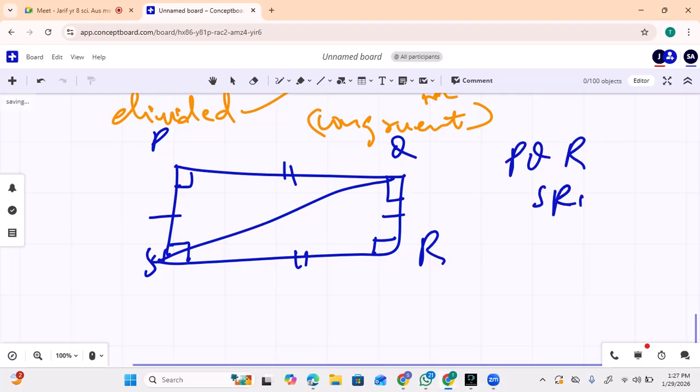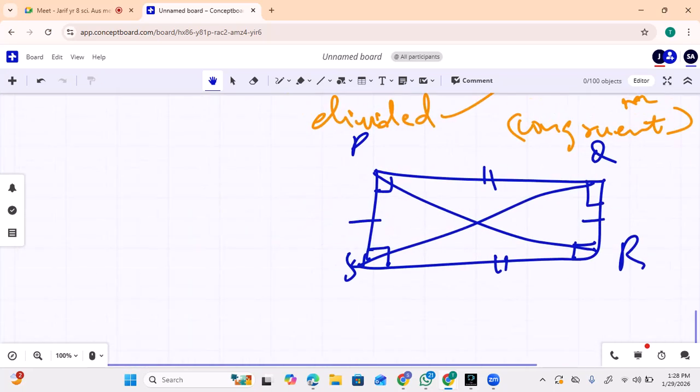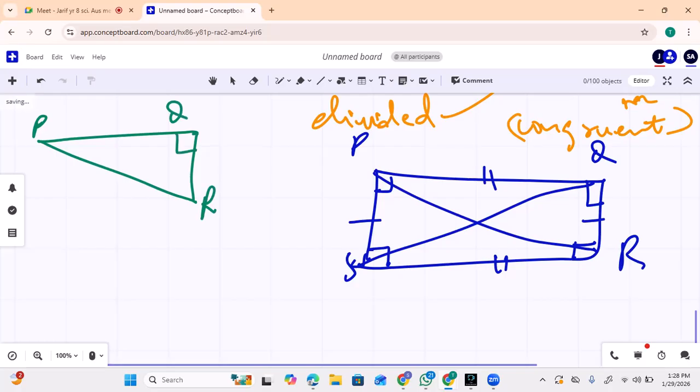For PQR, obviously it will be drawn like this. Then you would draw it almost like this if you are drawing it vertically. So it would be PQR and this angle, and we can also rotate it like this.